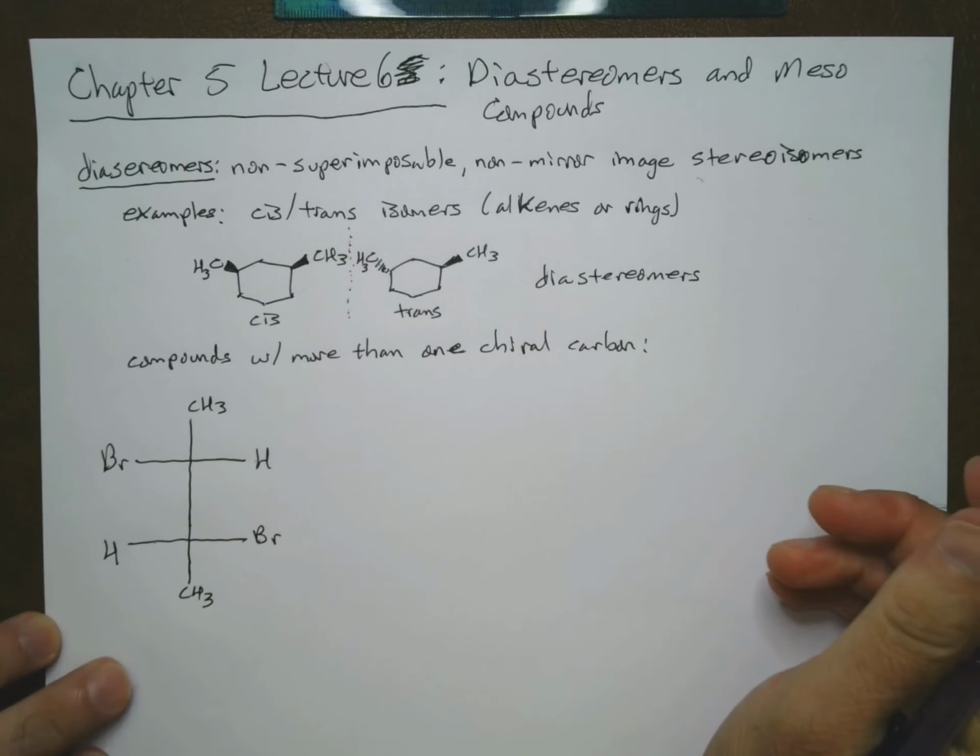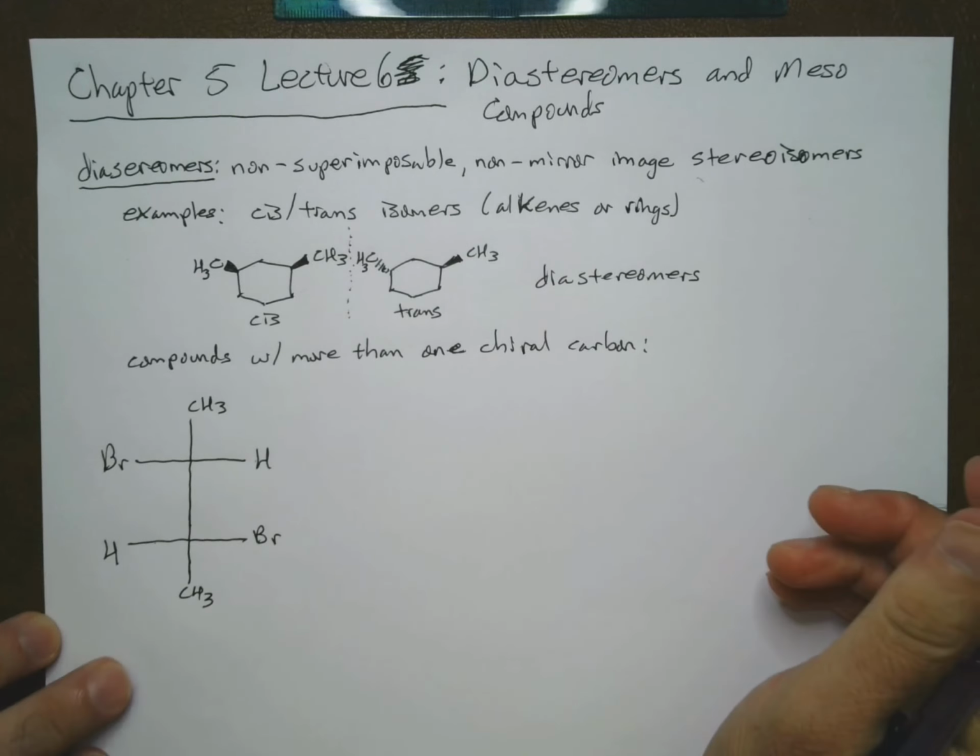And we call this a meso compound. Meso meaning middle. So we've got one enantiomer, the other enantiomer, and in the middle, quote unquote, is the meso compound. Now all of these carbons are still chiral.